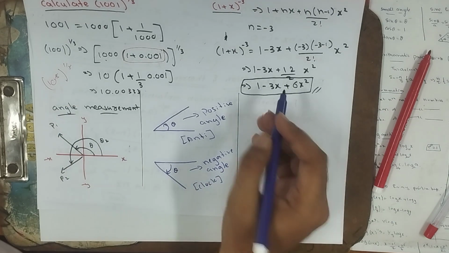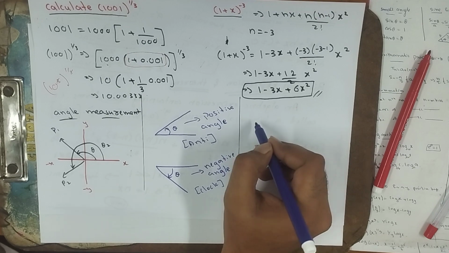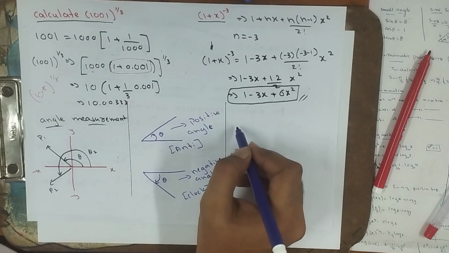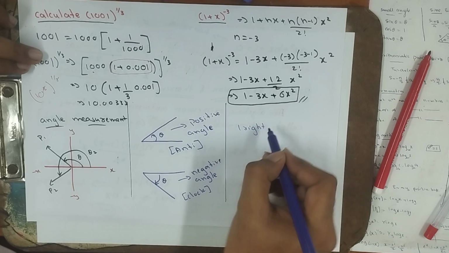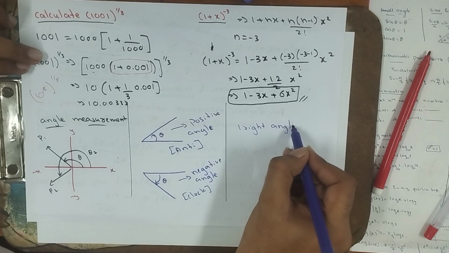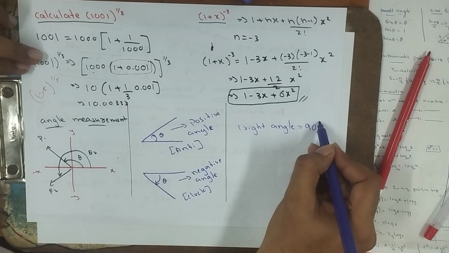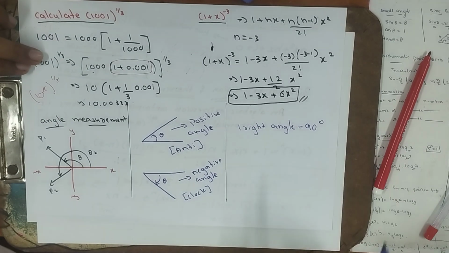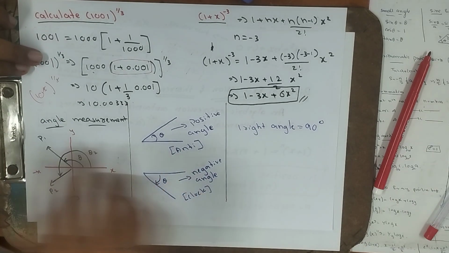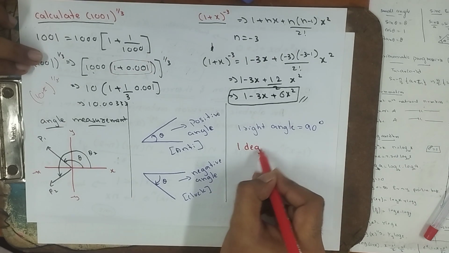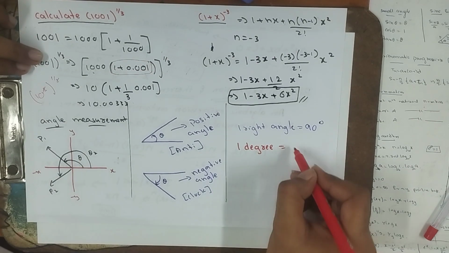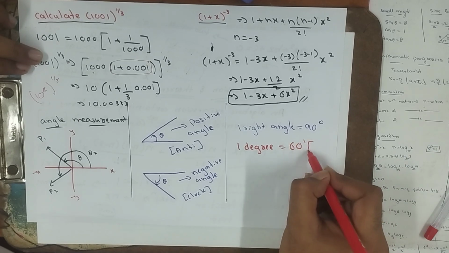Let us take the system of measurement. You know what a right angle is? One right angle is equal to 90 degrees. Everyone agree? Yes sir, we agree. Now see here, 1 degree is equal to 60 minutes.